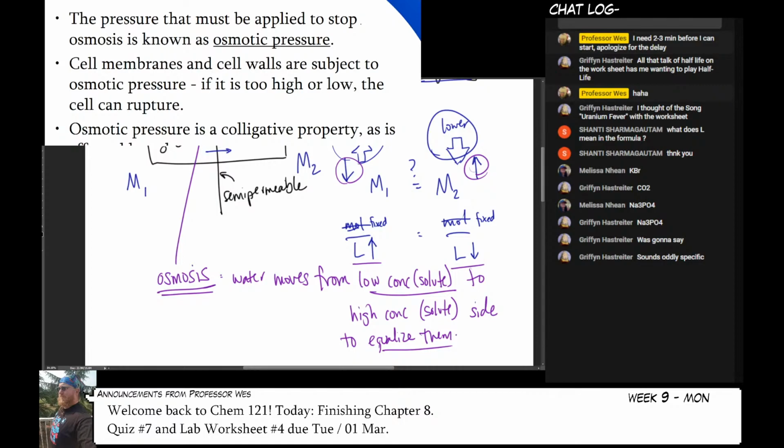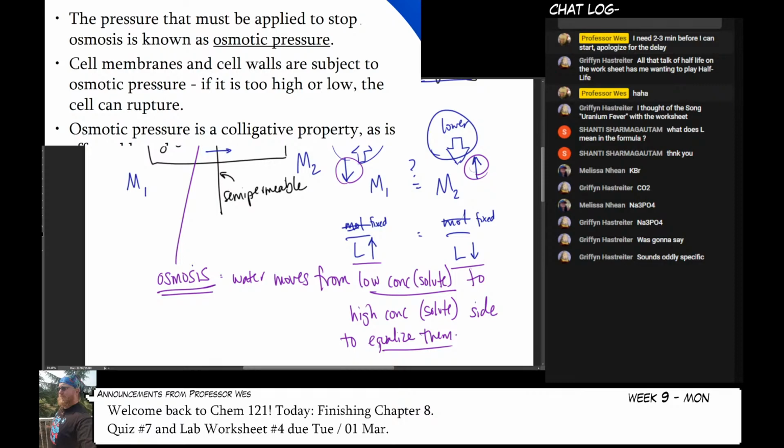Now, all cells are made of membranes. Okay, let me retract that statement. Your cells, whether animal cells, which have cell membranes, or plant cells, which have cell walls, are all subject to external forces.